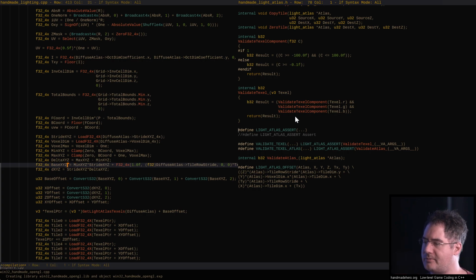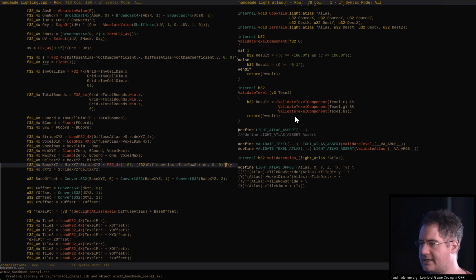And then we produce the base xy by saying, whatever the minimum is that we're going to sample, we multiply that by the stride. And then we also add here whatever this nonsense is, which is basically the row stride for z, I guess. Tile row stride, times txy.